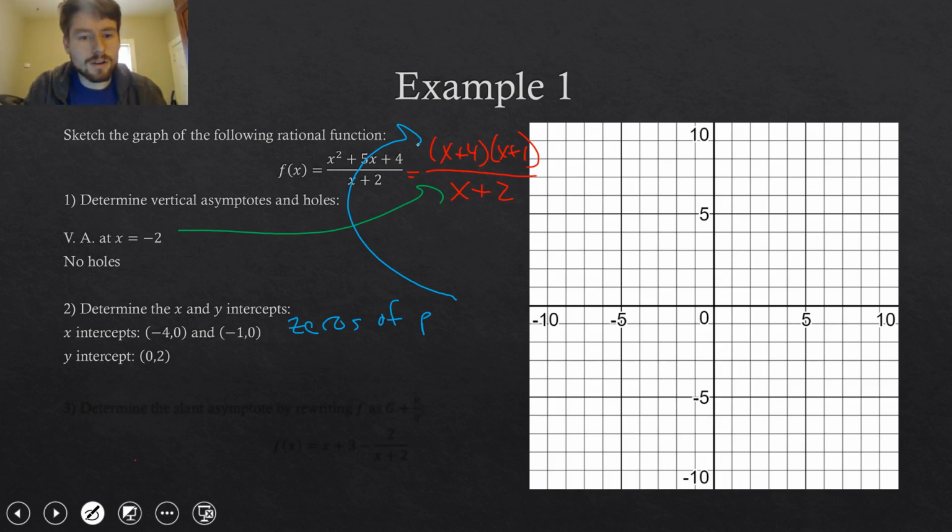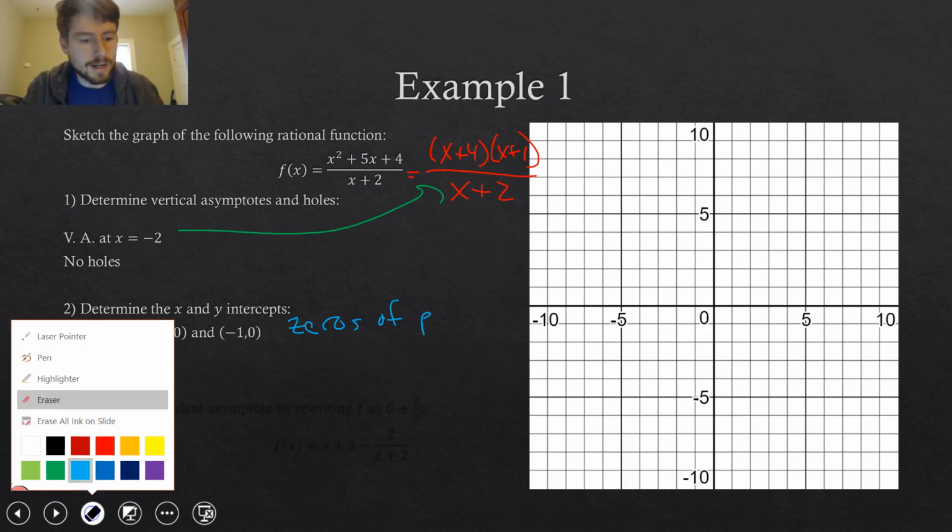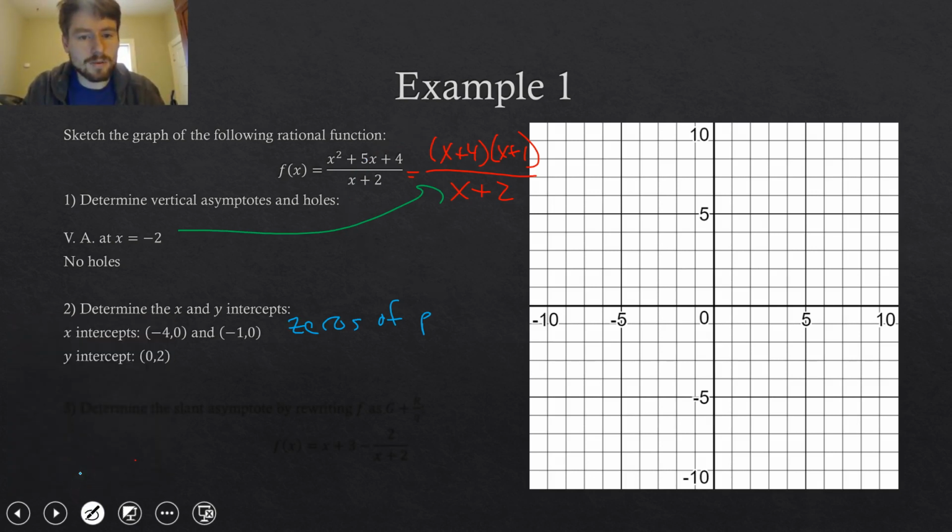So we take the original function, we plug in 0, and we get 0 plus 0 plus 4 over 0 plus 2, which is just 4 over 2, which is 2. So that's our y-intercept. We've got our y-intercept, we've got our x-intercepts, we've got a vertical asymptote.